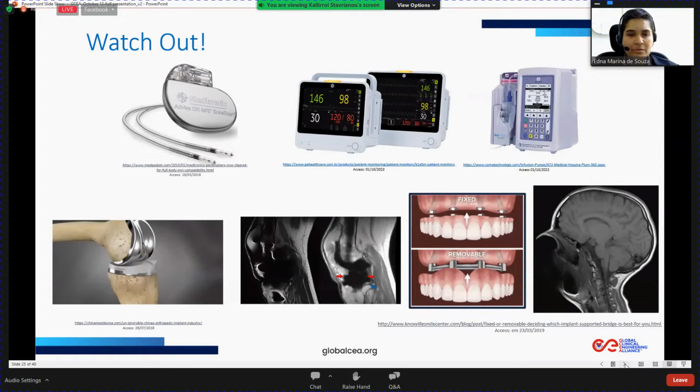Next, please. For example, electrical currents induced by magnetic field gradients can compromise the operation of pacemakers, vital signal monitors, and infusion pumps. On the other side, orthopedic implants may generate magnetic field distortions, leading to imaging artifacts. In these cases, when present in the region of interest of the exam, it can compromise the detection of lesions and also the follow-up of the area with the implant.